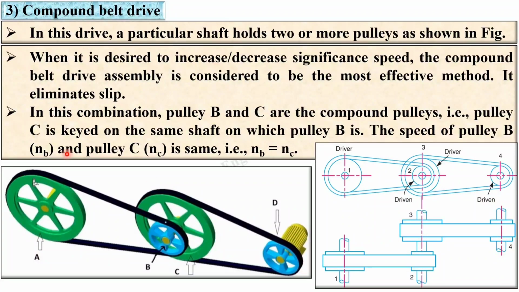The speed of pulley B and the speed of pulley C, that means NB and NC, are always the same. In this figure you can see N2 is equal to N3 because both these pulleys are on the same shaft.